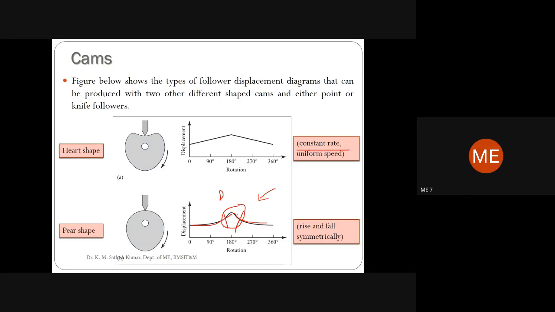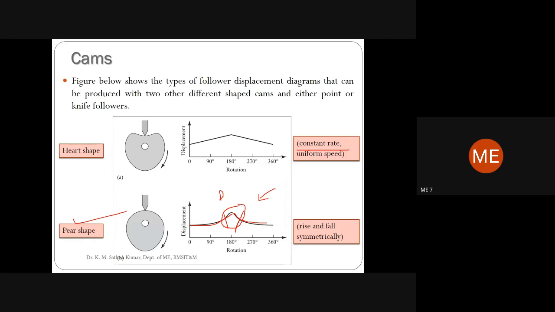Depending upon how much time you wish the valve to stay open, you have to design the dwell. The dwell in this cam profile is designed for the amount of time required to let the charge get into the cylinder.